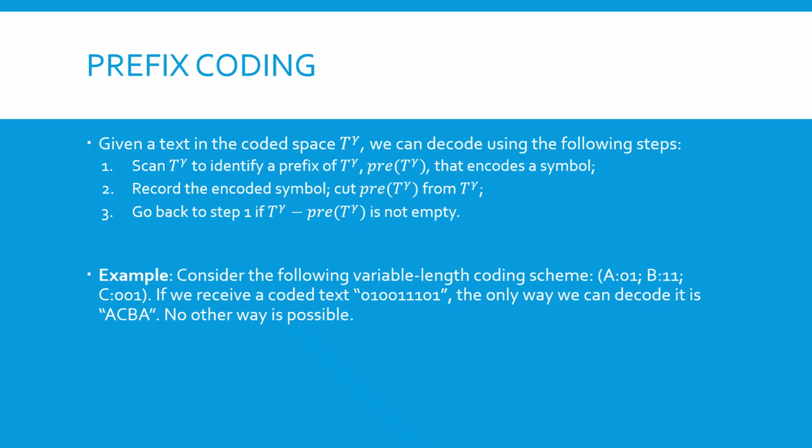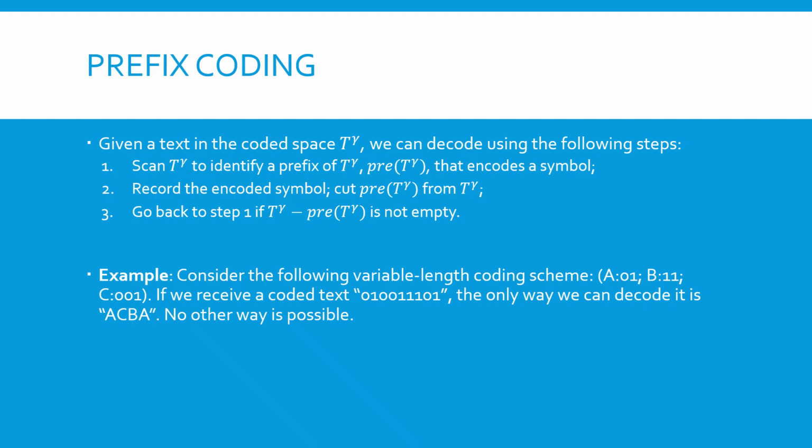For example, suppose A is encoded as 01, B as 11, and C as 001. Given the encoded string 010011101, the first valid prefix is 01, which decodes to A. Removing this prefix leaves 00111001.